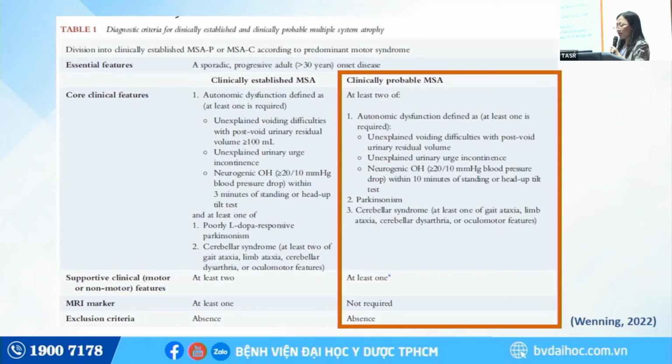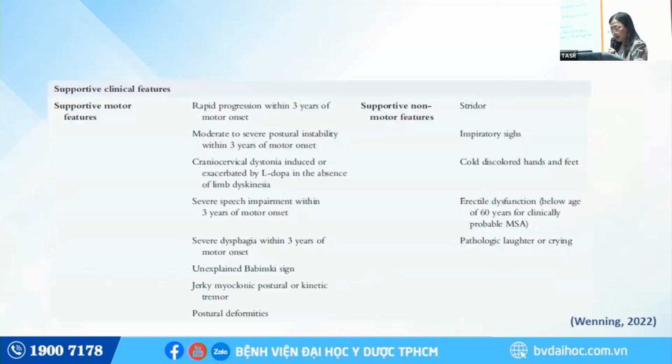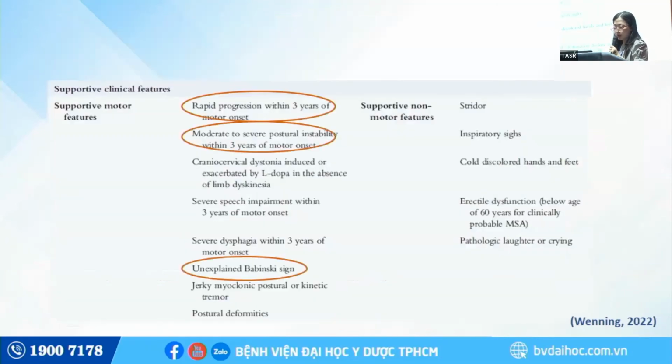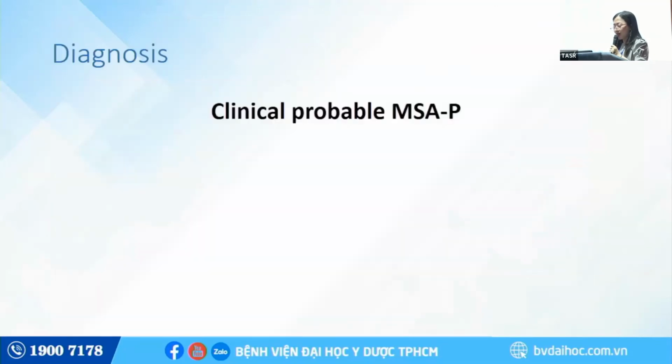She didn't fulfill the criteria for cerebellar syndrome because she just had a gait ataxia, and she has 3 supporting motor features, including rapid progression, moderate to severe postural instability, and unexplained Babinski sign. We decided that this patient had clinically probable MSA type P.